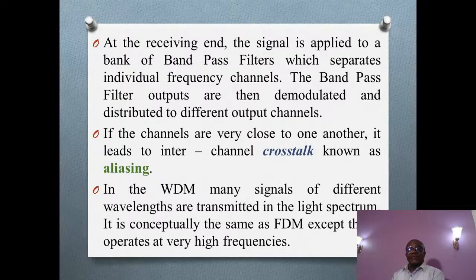At the receiving end, the signal is applied to a bank of bandpass filters, which separates individual frequency channels. The bandpass filter outputs are then demodulated and distributed to different output channels. If the channels are very close to one another, it leads to interchannel crosstalk known as aliasing. In our previous self-test, we talked so much about this aliasing.